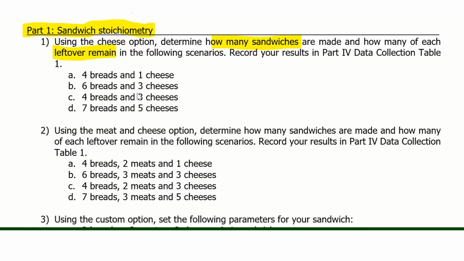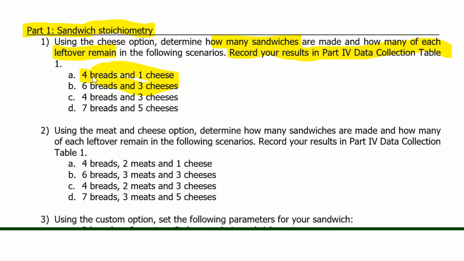So this is a really good virtual and visual representation of understanding limiting reactant and excess reactant. So you're going to record your results in part 4, data collection. And you will do the same thing for all these different situations.